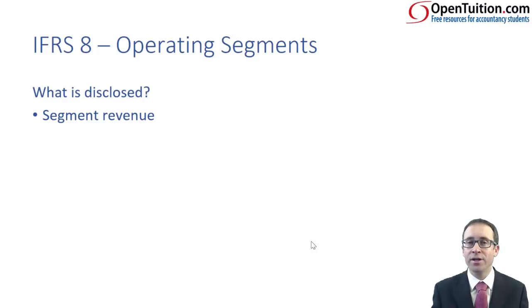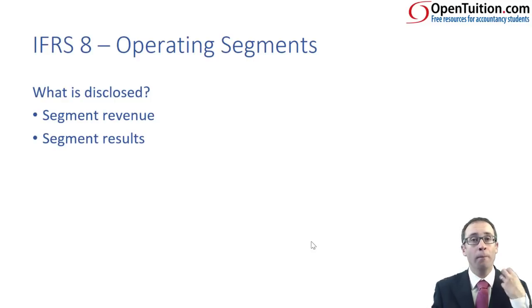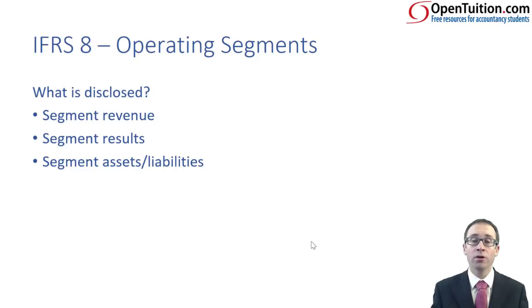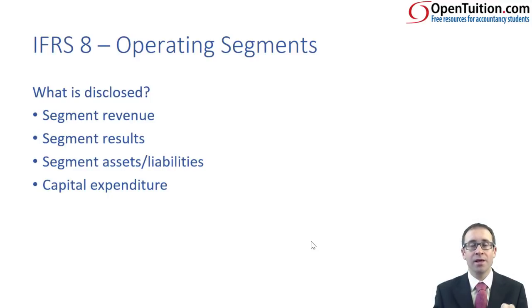We have to disclose the revenue by segment. We also have to disclose the results by segment, so by that we're referring to your profitability. We're also talking about the assets and the liabilities, which need to be disclosed separately. Any capital expenditure incurred on the segment needs to be disclosed so that we can see where the largest amount of investment is being made, to give us an indicator of what's going to happen in the future.